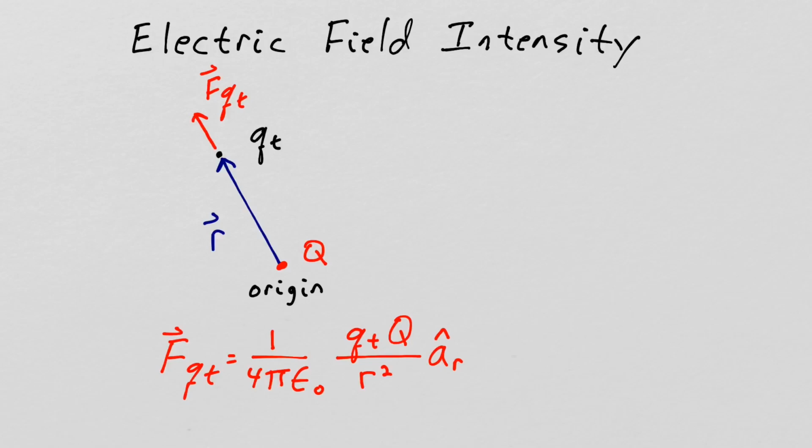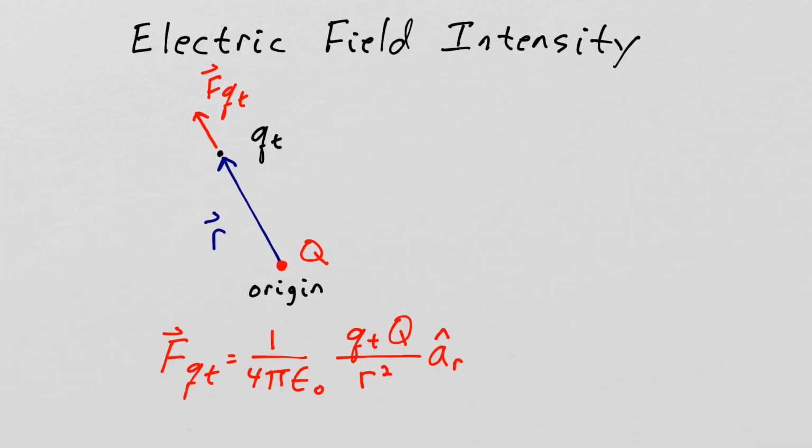Since the charge Q is at the origin, the direction will be in the radial direction in spherical coordinates. We can think of this Q sub t as a test charge that we could put anywhere in space and probe the effect of Q on Q sub t through Coulomb's law.